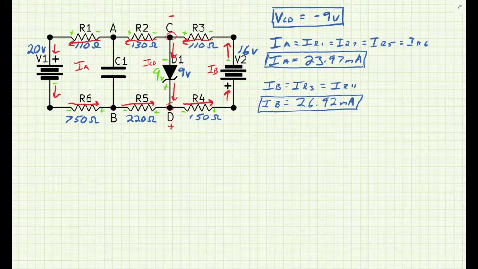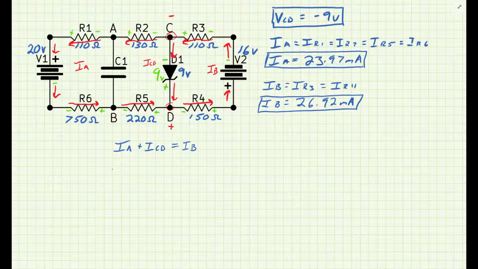Alright, so let's just analyze this node. I'll work in blue here. So this node right here, I've got IA and ICD going in, and that's going to equal whatever IB is.